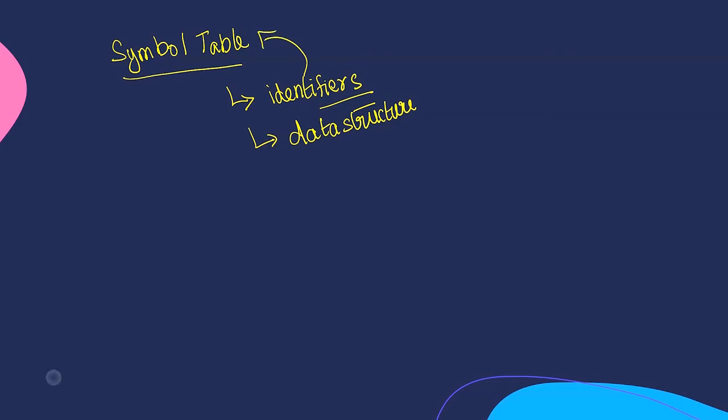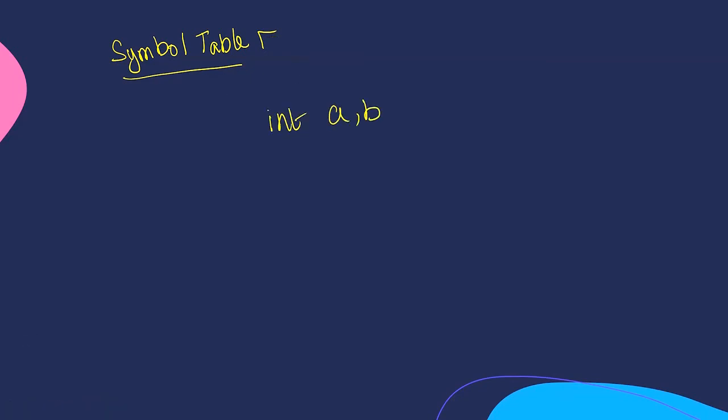For example, let us take int a, b, float c, char z. So these are the identifiers used in a program. Now, how is a symbol table created for these identifiers?